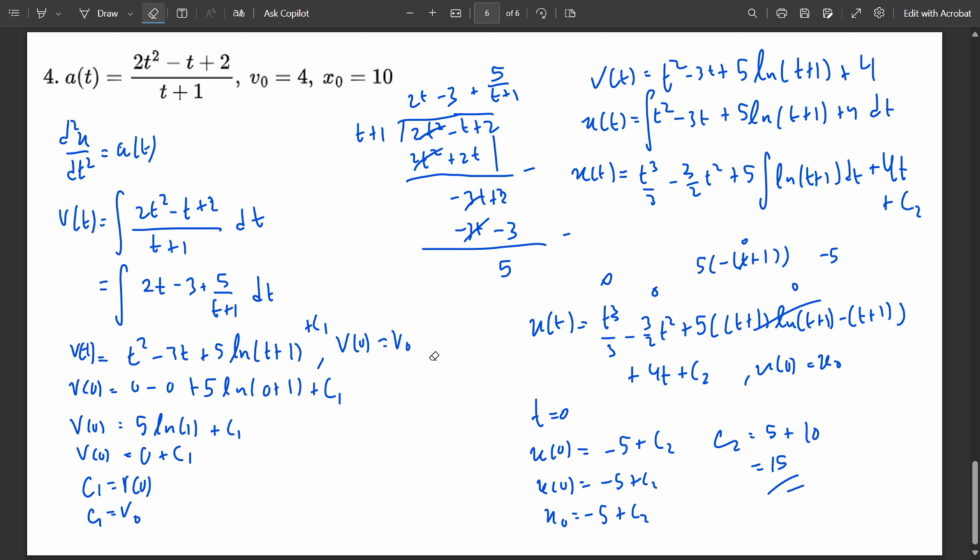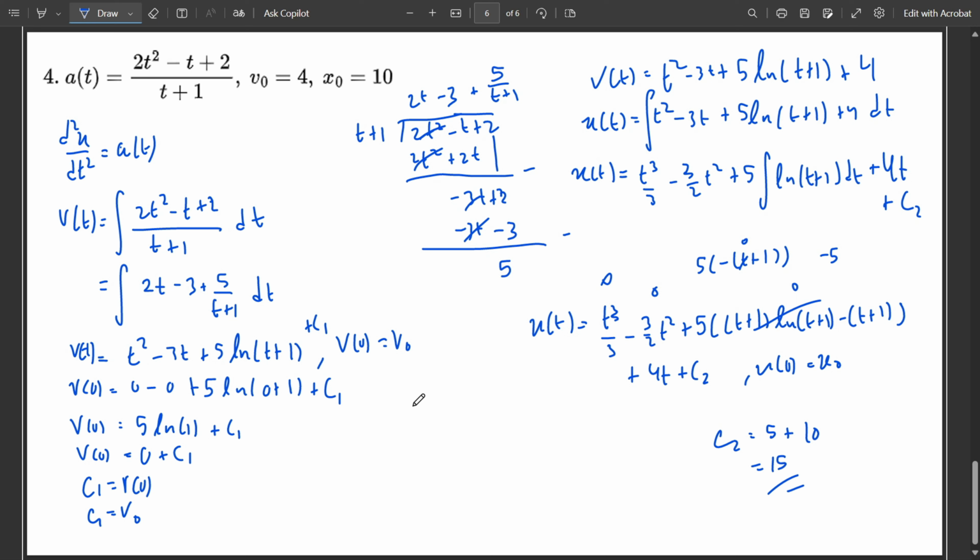So we have our particular solution. x of t is just t cubed over 3 minus 3 over 2 t squared plus 5.